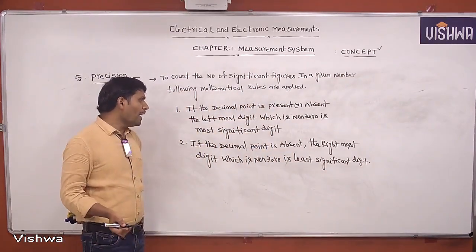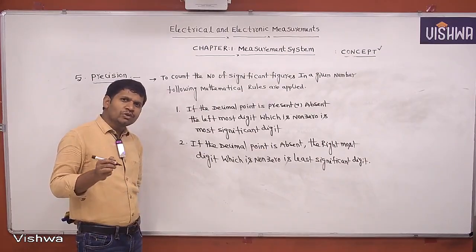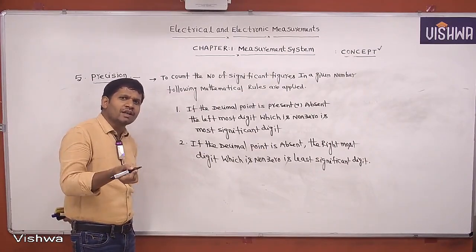If the decimal point is absent, the rightmost non-zero digit is the least significant digit.